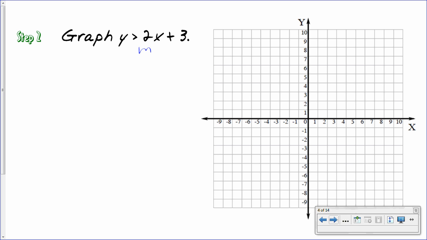That's my slope, right? And this is my B, right? I'm going to start at my y-intercept, which is up. I'm trying to do the best I can here. I'm going to put some other points in there.